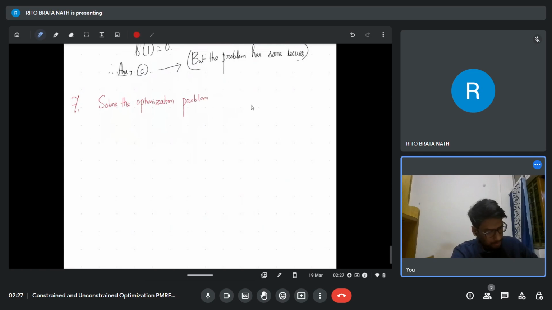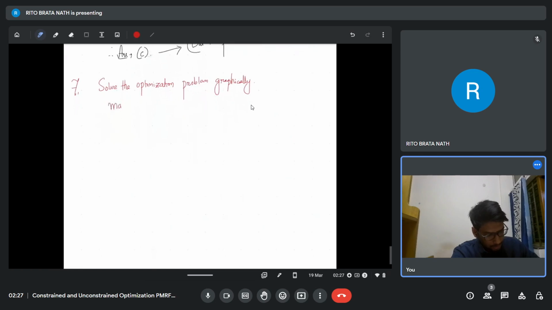So the problem that is given is max of z equals 2x plus 3y, and this is subject to x squared plus y squared less than or equal to 20, xy less than or equal to 8, and xy greater than 0.